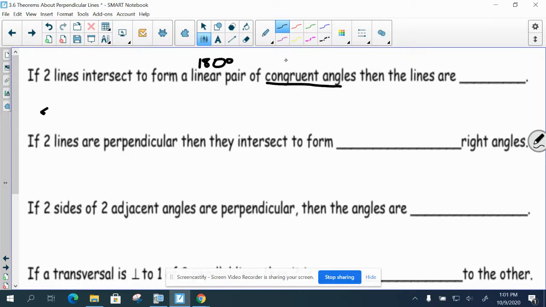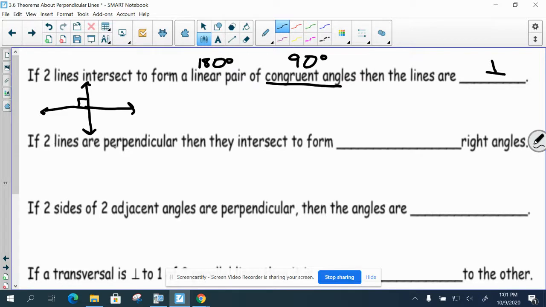Well, half of 180 would be 90. So if you have two 90-degree angles, then those lines are perpendicular. So this is like if you have a line and then you have another line that intersects it to form a linear pair of congruent angles, then those two angles must be 90 degrees. Therefore, the two lines are perpendicular.